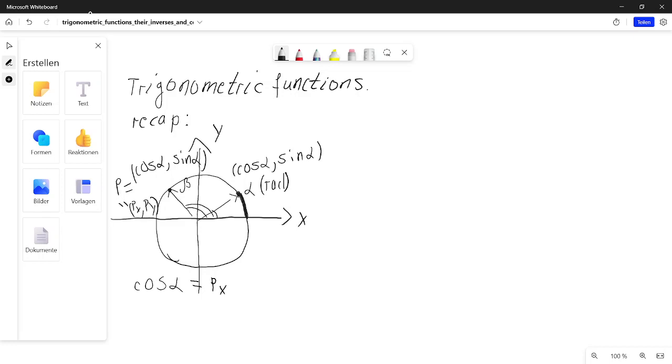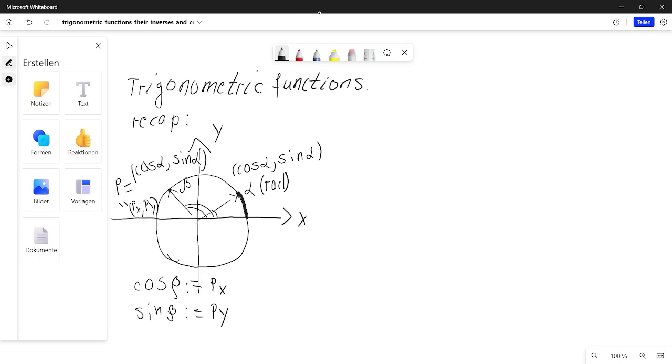It has two coordinates, Px and Py. We define cos of this angle beta as exactly the x coordinate of this point, and this is a definition, and sine beta is exactly the y coordinate of this point.